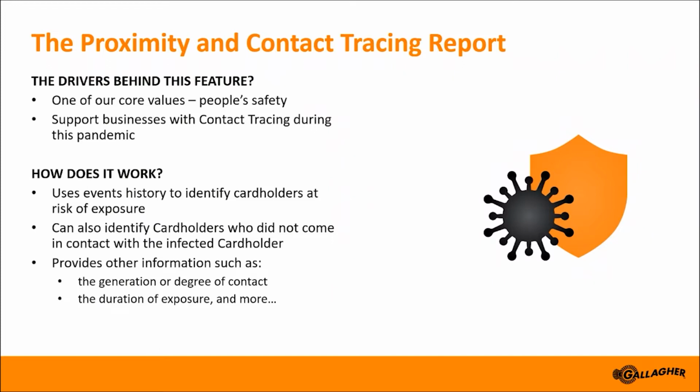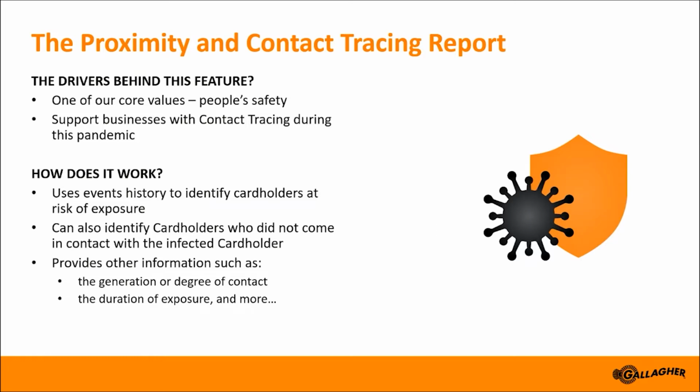So how does this feature work? This feature uses event history to identify cardholders who were seen in the same area as another cardholder who tested positive for an infectious virus, such as COVID-19.